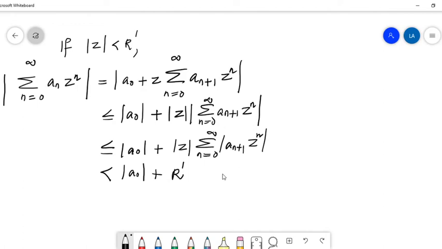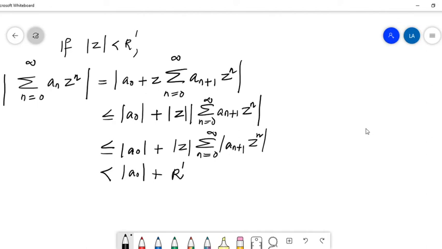Okay, and think of this series. We just said that this series has the same radius of convergence without this modulus function.